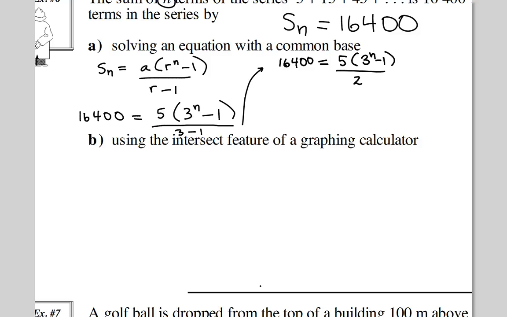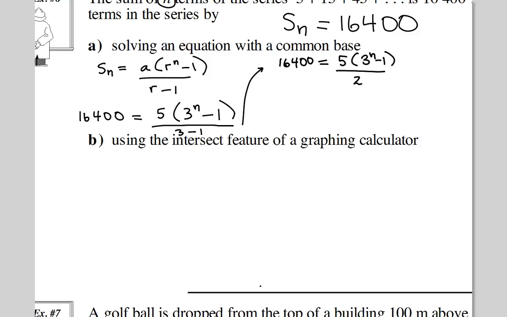Okay, so what you really see on the right side is this: 5 halves, 3 to the n minus 1. Can people see this? 5 halves, 3 to the n minus 1. So this 5 halves is like the coefficient.